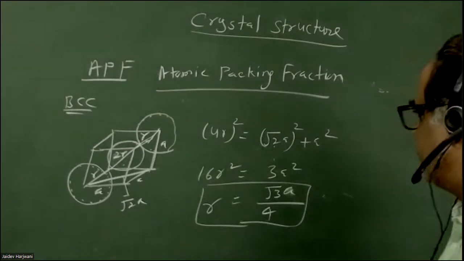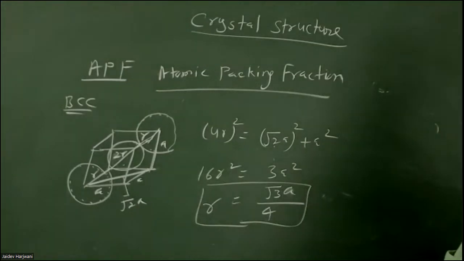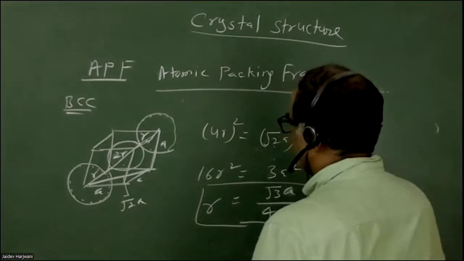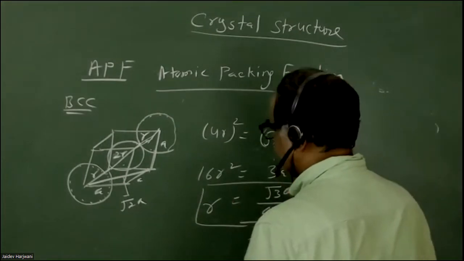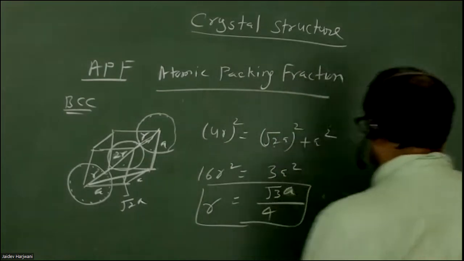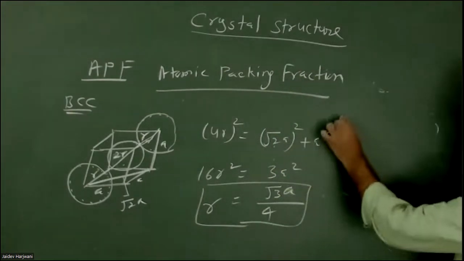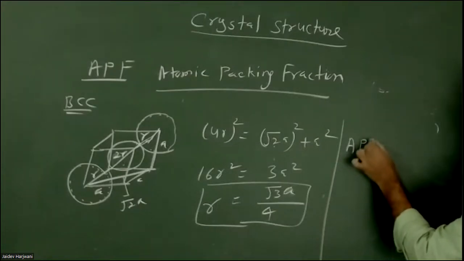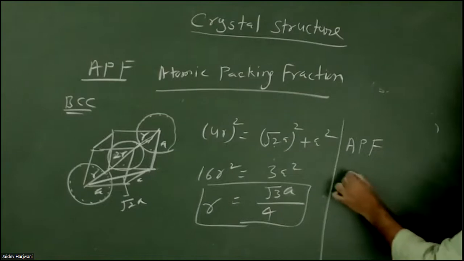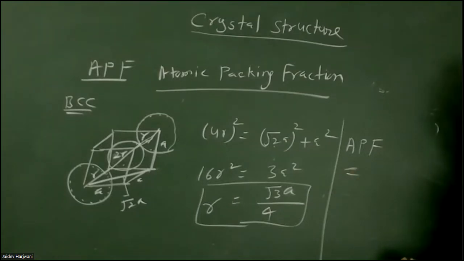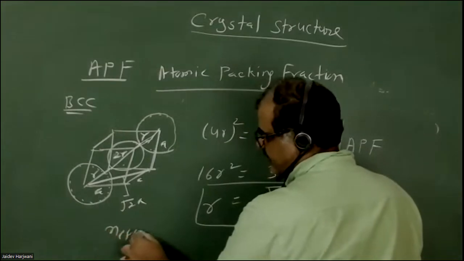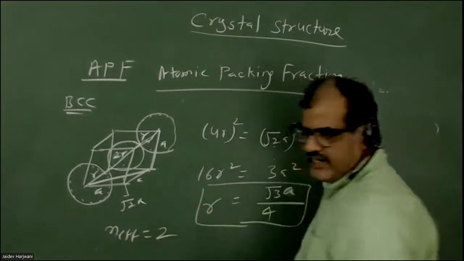So calculate the packing frequency. Now you can calculate the atomic packing fraction. How much will it come? What is N effective for BCC? 2. N effective is 2.